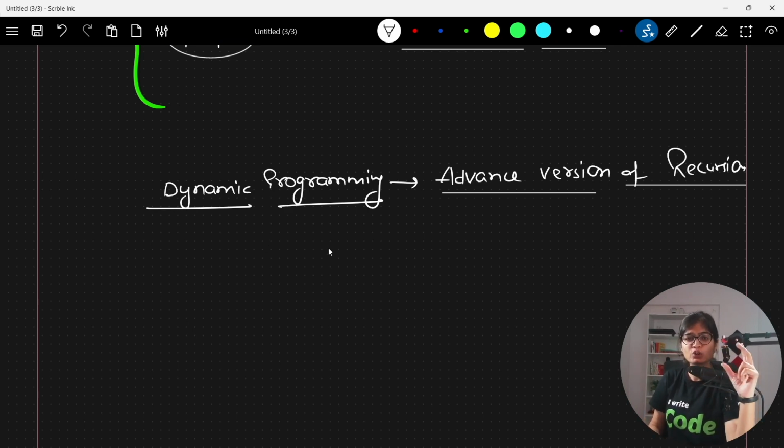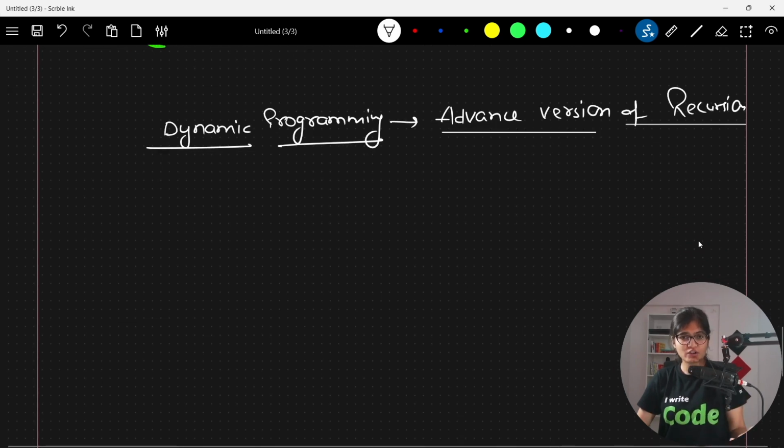There are mainly two approaches to solve dynamic programming. One is called memoization, which is a top-down approach, where you use recursion to solve the problem of overlapping subproblems. Apart from that, there is another approach which we call tabulation, or a bottom-up approach.